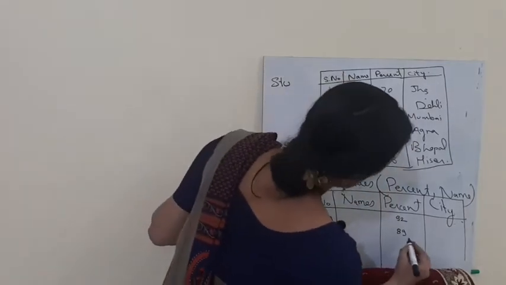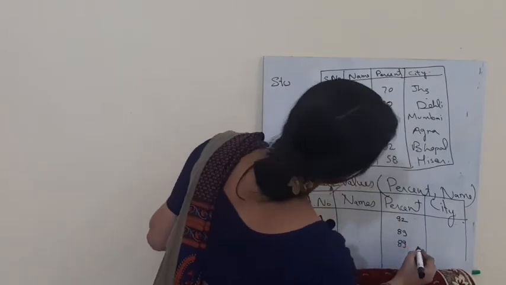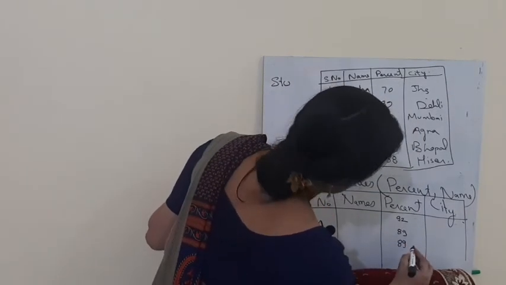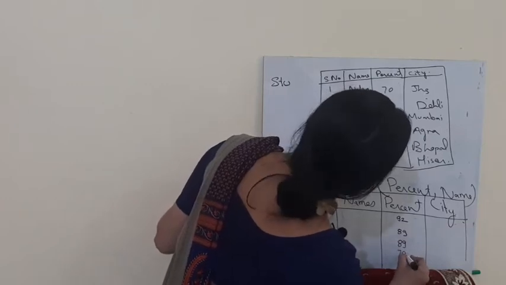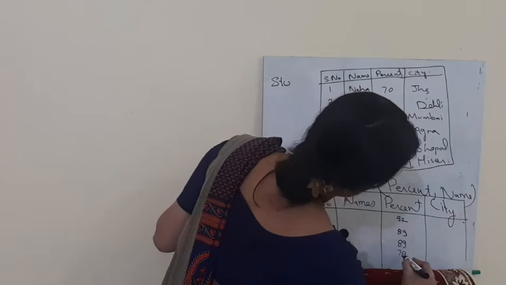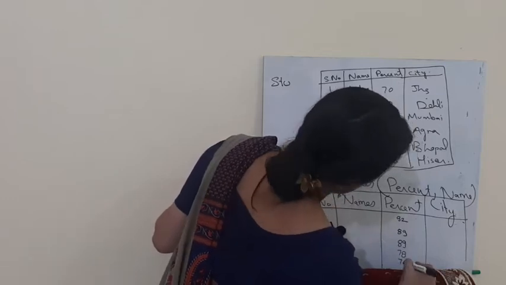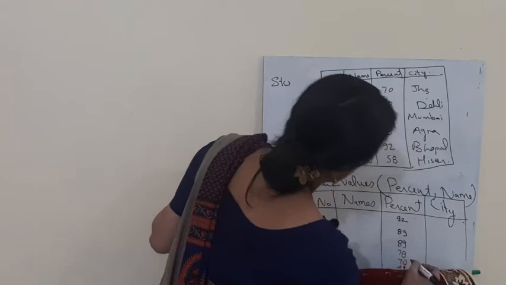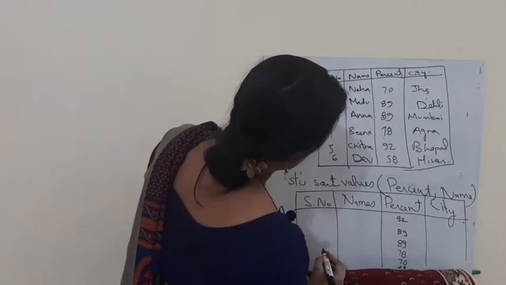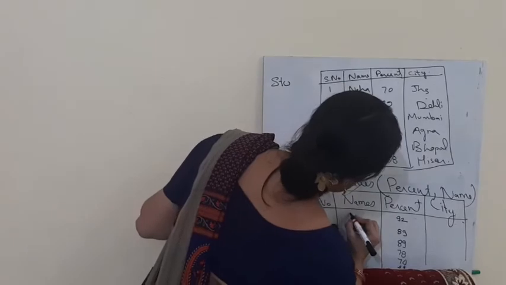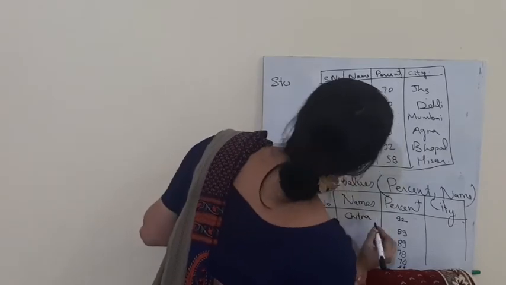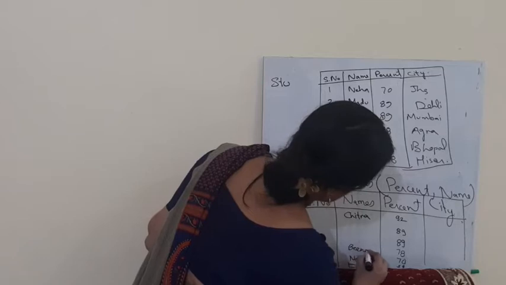Okay, 89, 89, then 78, 70 and 58. Now the names: Chitra, then the last one is Dev, Neha, then Bina, and their numbers.